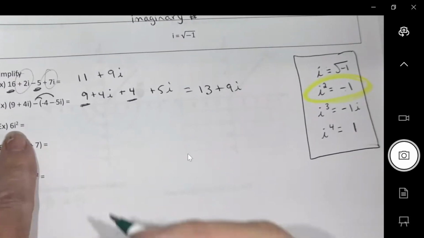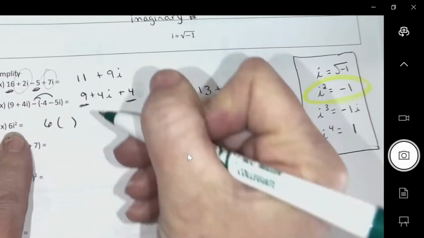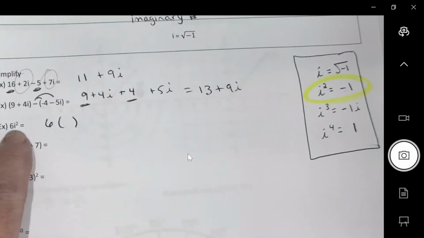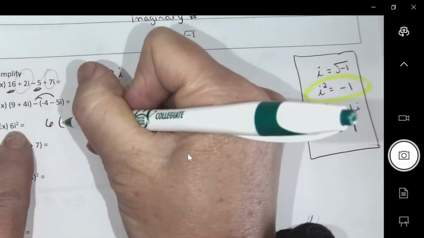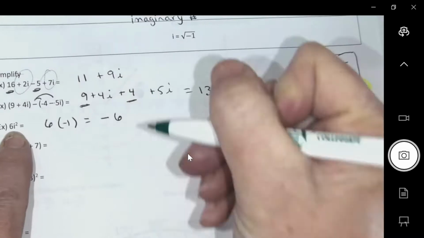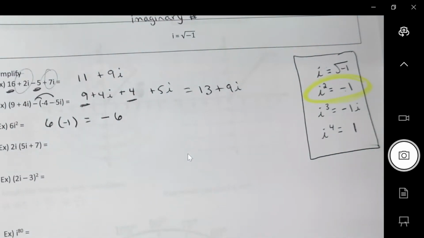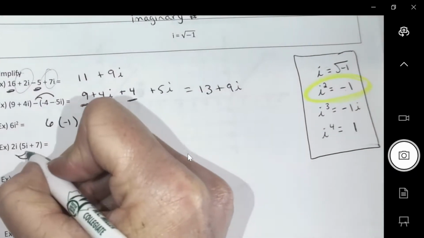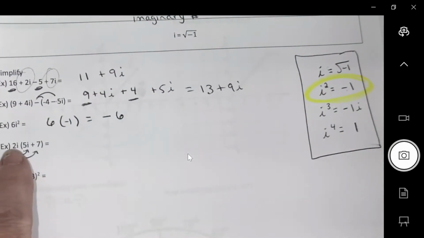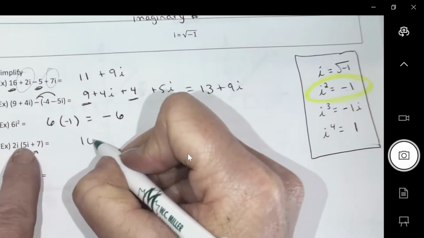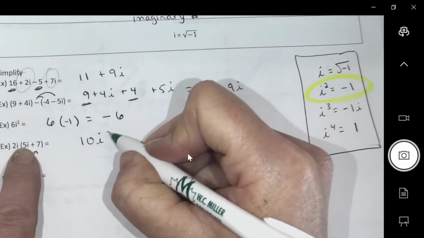Okay, so number 3, we have a 6 times an i squared. And what did we say i squared was? -1. So that's -6. Okay, next we're going to have to do a multiplication like that. So this first part is 10i squared.